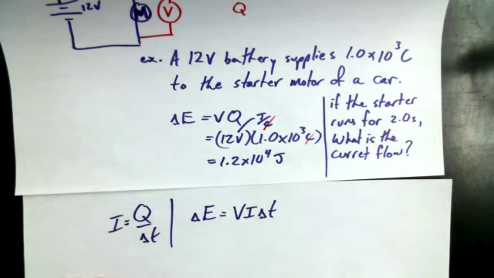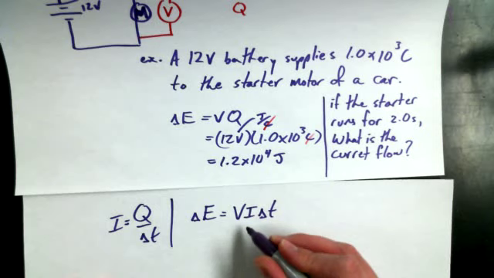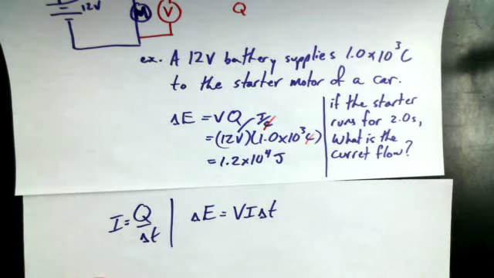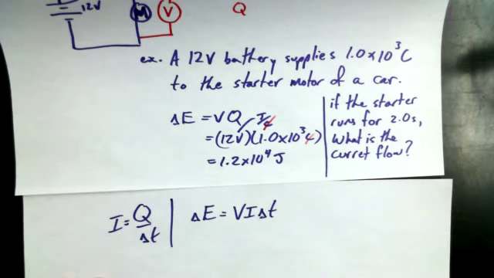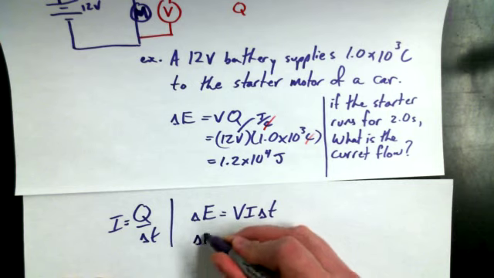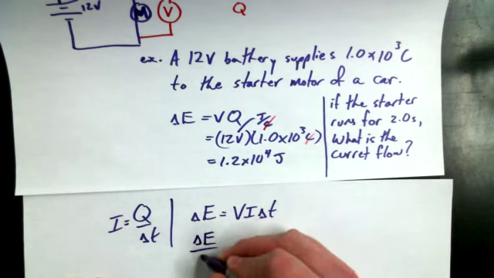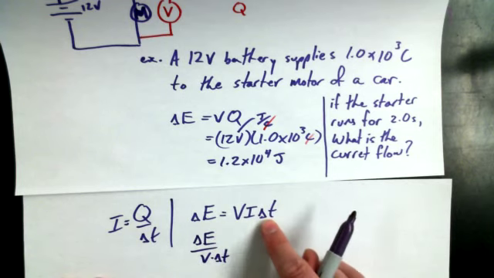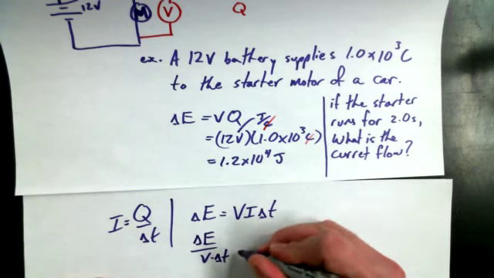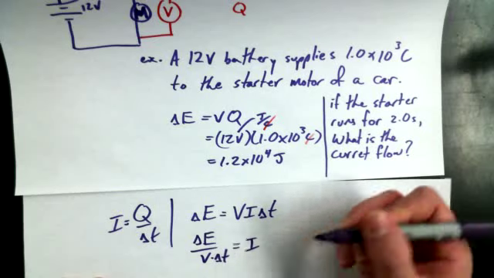You could actually measure the current directly, but for the sake of this cooked up problem, we'll do it this way. I want to use this formula just for practice. So I could say I is equal to delta E over V times delta T, because I'd have to divide both sides by V and both sides by delta T to get I by itself.